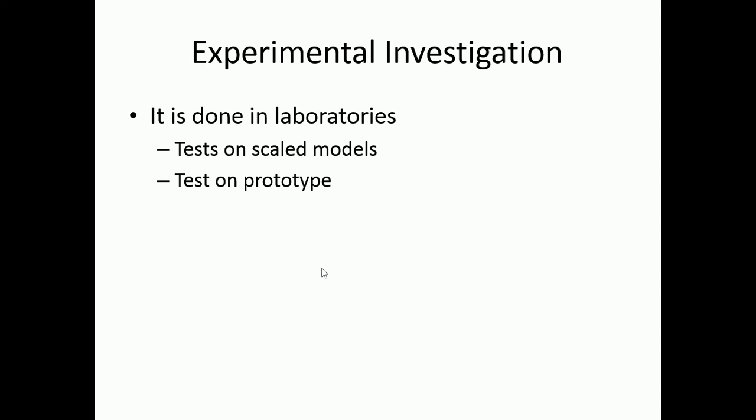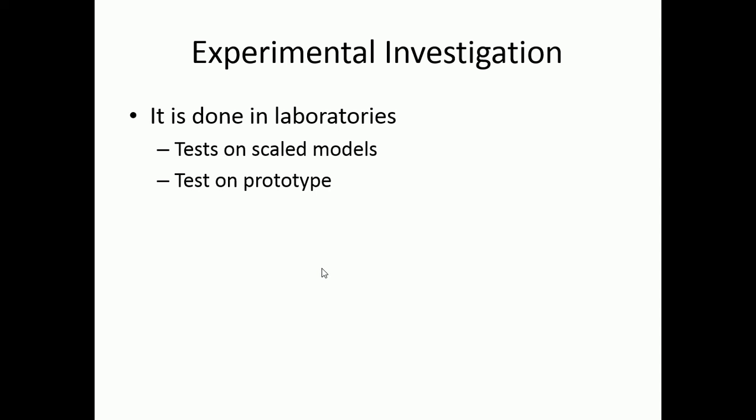How we usually do it is, in case of any new structures, we scale down the structure dimensions to a model, fabricate the model, and test the model in the laboratory with equipment. There are many equipments, so we have to choose the appropriate equipment to test the strength of the material, and then we can see how the model actually responds.